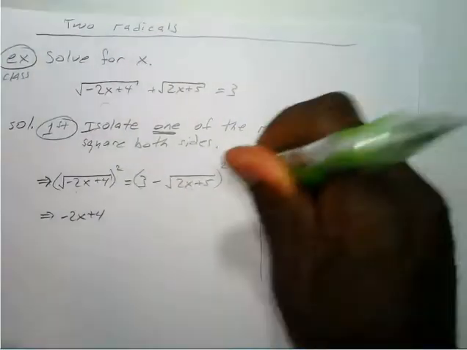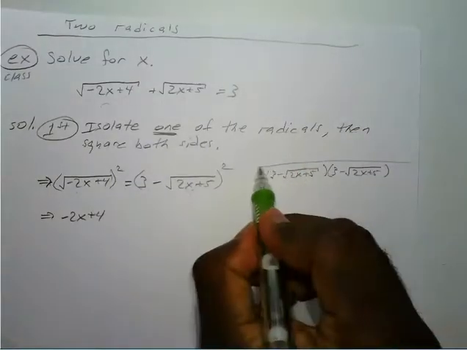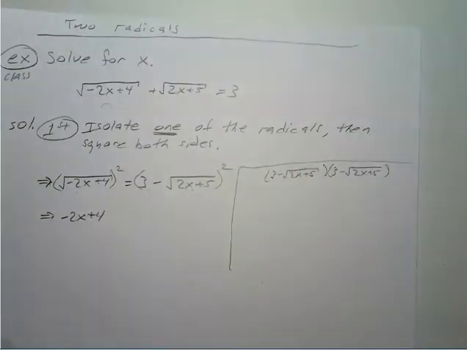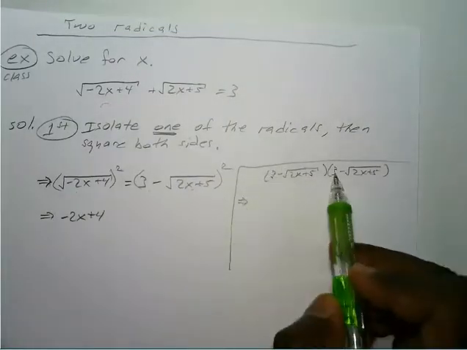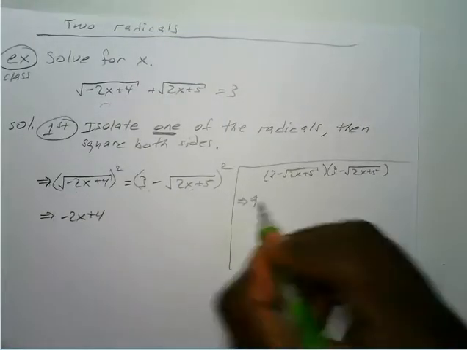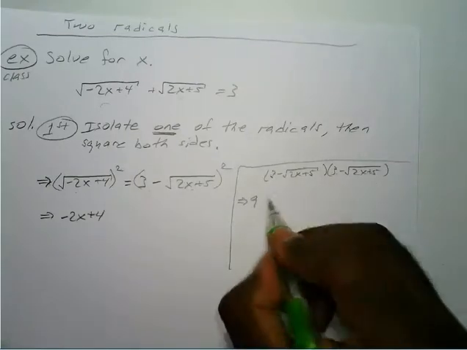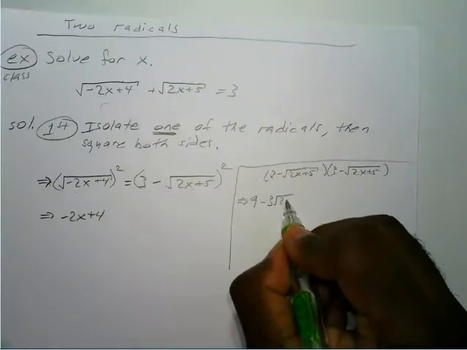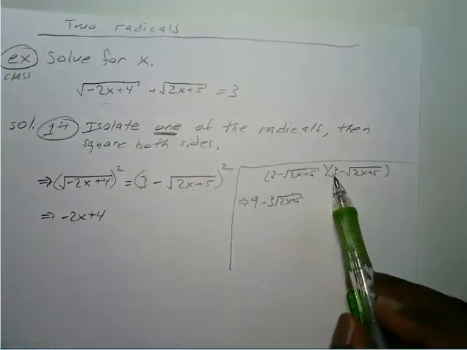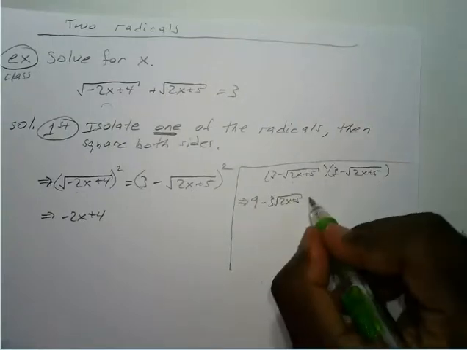And let me give myself a little more room. All right, so if we use the FOIL method, we have our first, 3 times 3, which is 9. Our outer, 3 times negative square root of 2x plus 5, is minus 3 square root of 2x plus 5.